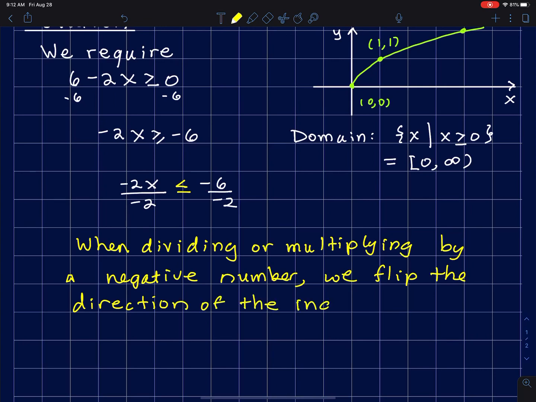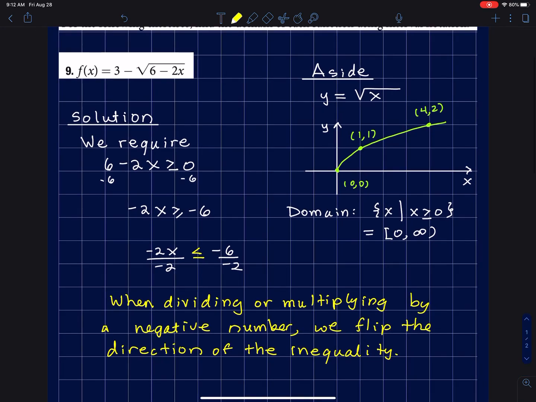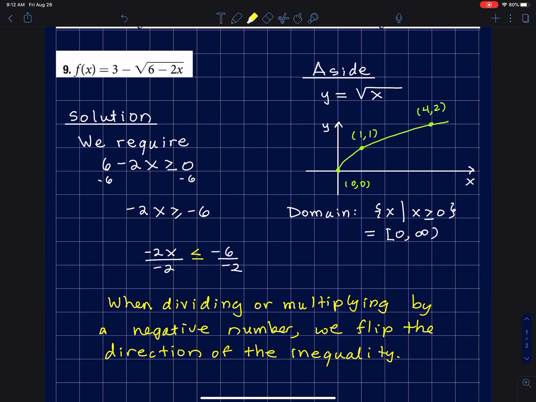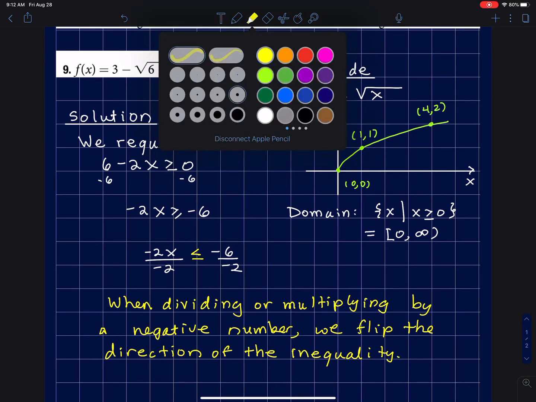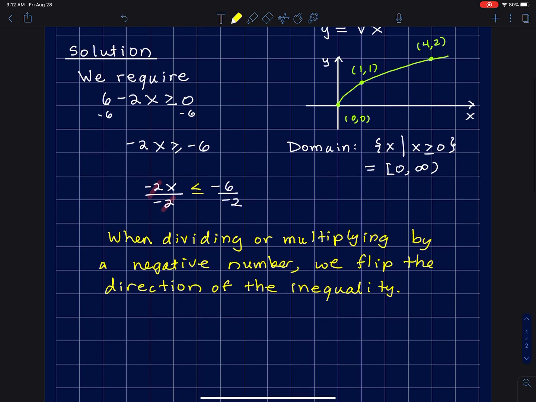I could have avoided that by adding 2x to both sides, and then I wouldn't have had to deal with that. I wanted to make a point to remind everybody that's what we do. Of course if I leave out all the little comments, it would go faster. But we change the direction of the inequality, and we get that x is less than or equal to 3.